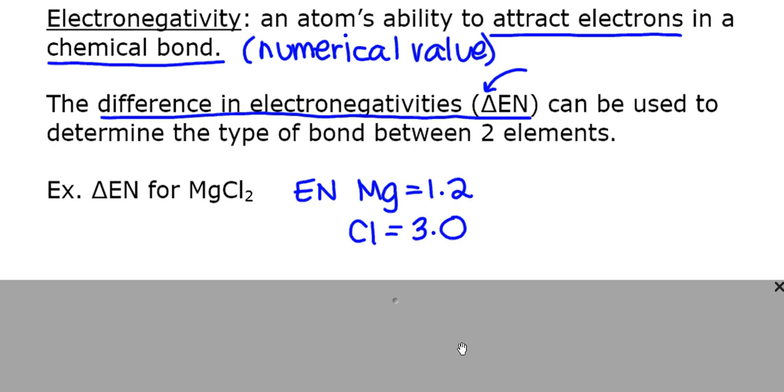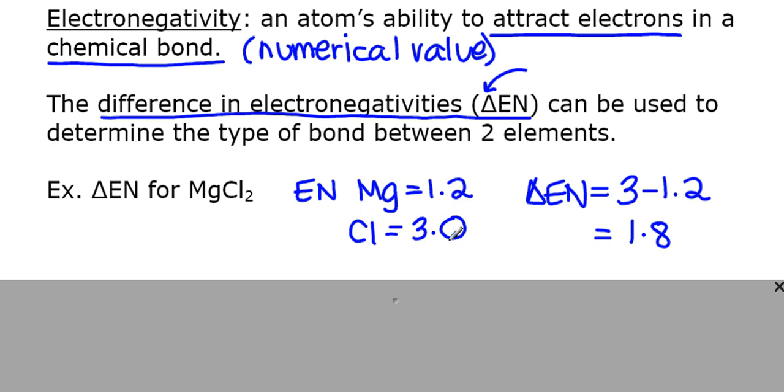Then I want to take the difference in electronegativity, so I need to subtract the values. I always subtract the smallest value from the largest. So I do 3 minus 1.2, and it gives me 1.8. That's my electronegativity difference.